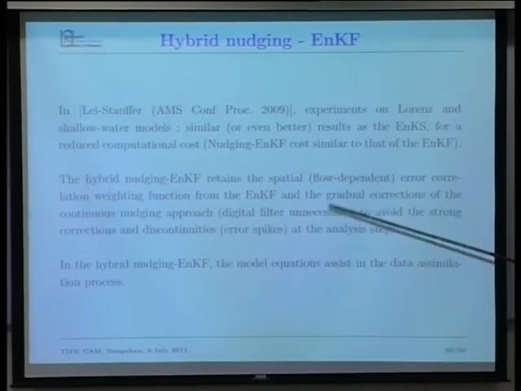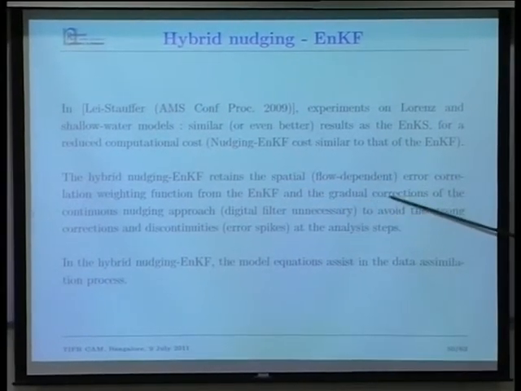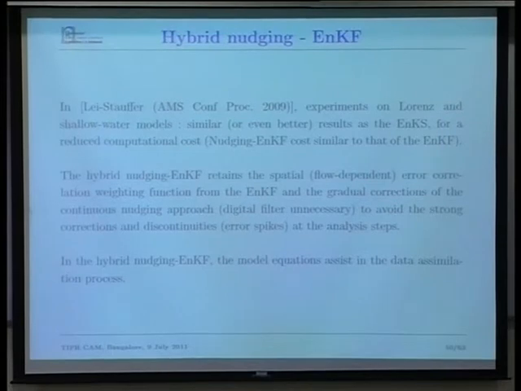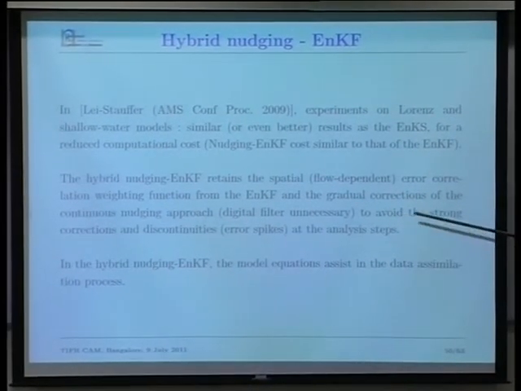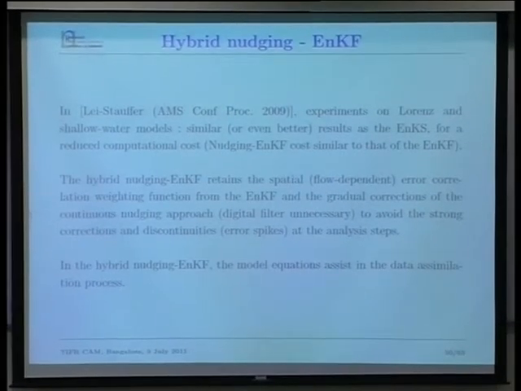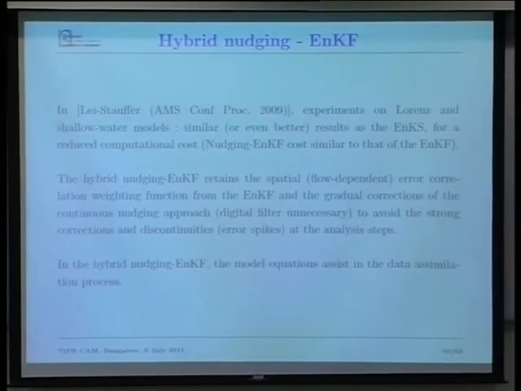So the idea is that this hybrid scheme gives gradual corrections of the state, and then you avoid the strong corrections and discontinuities in the solution, which is always a good point.